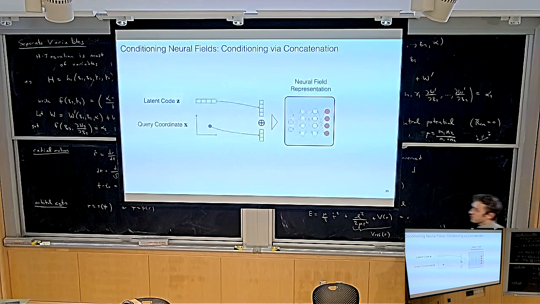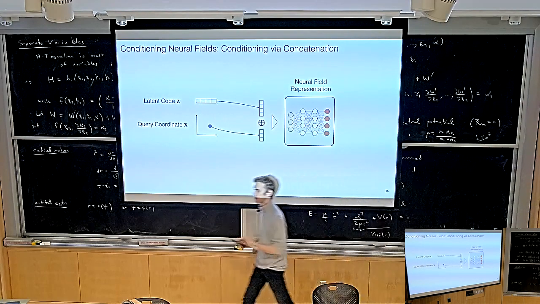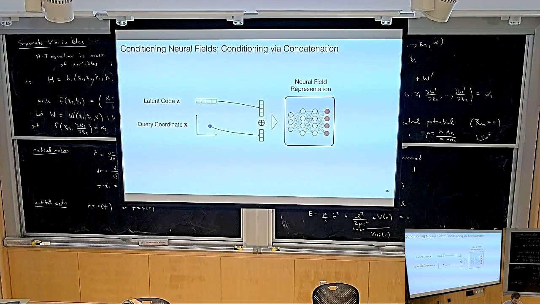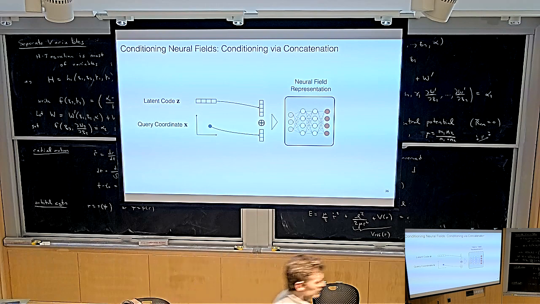So here's another thing you can do for neural fields. Instead of building this hypernetwork, which takes the latent code as input and outputs all of the parameters of your scene representation, you could do something slightly weird. You could say, my scene representation is already a neural network, let's say my NeRF.